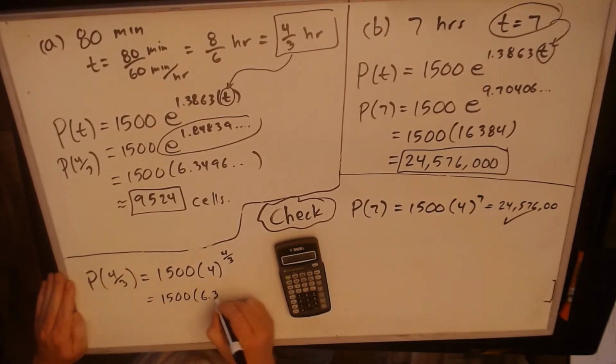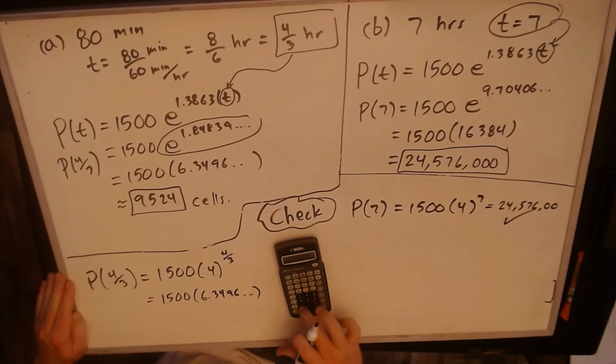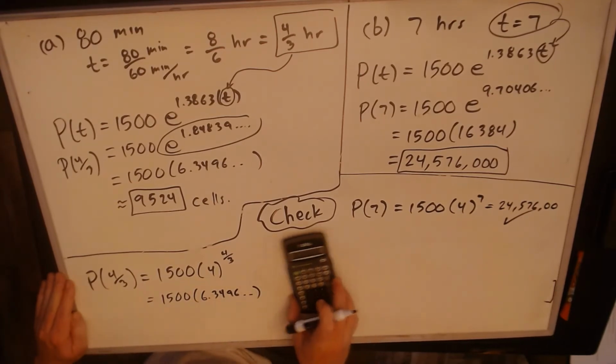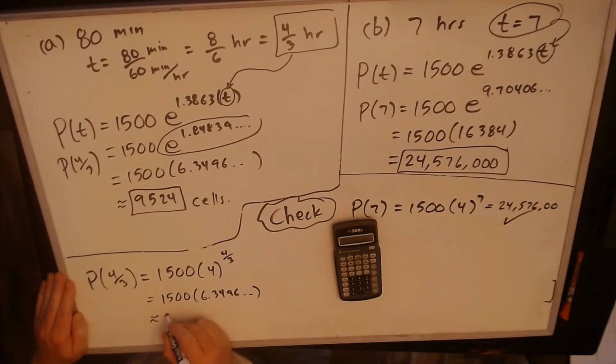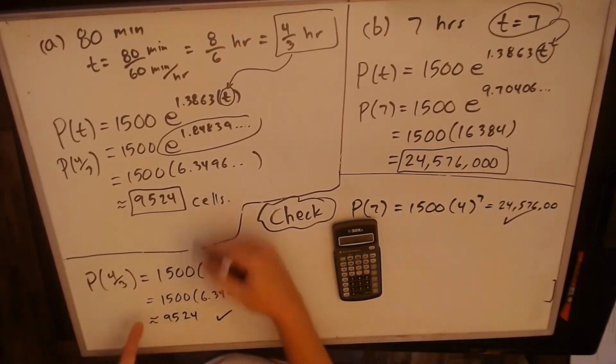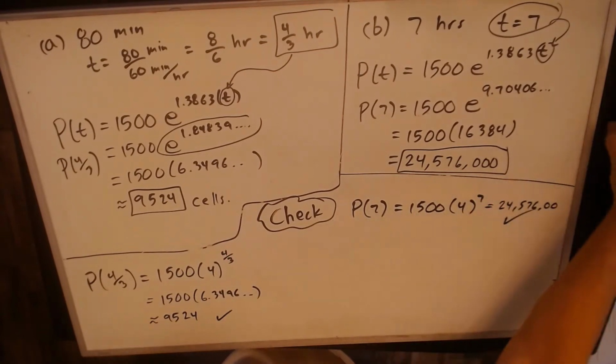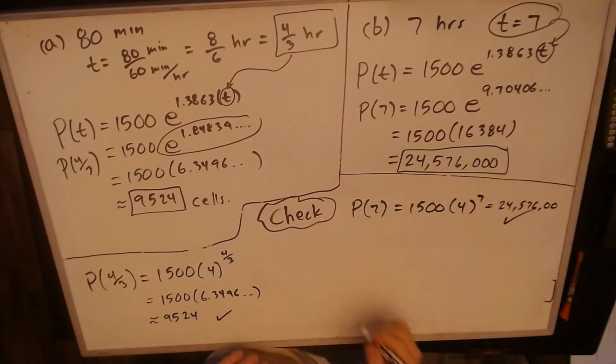That's 6.3496, etc., and then times 1,500, 9,524. Check. So these should agree with each other. All right.